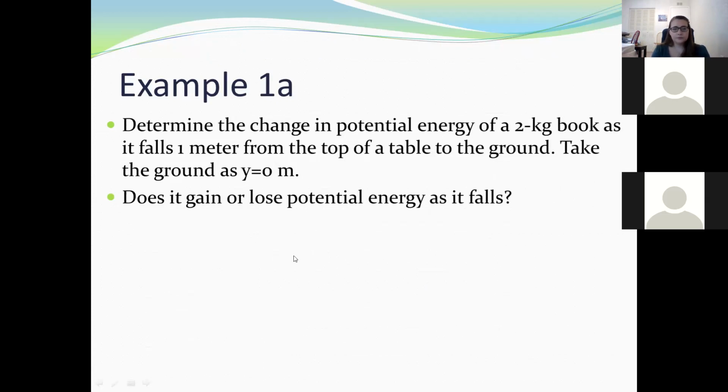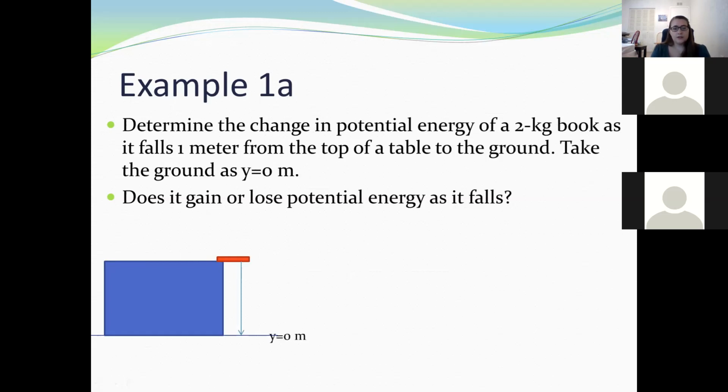So here's our table and our floor and our book. It is going to fall down. So we said take the ground as y equals 0, which means the height of the book is our position of 1 meter, because it says it's 1 meter from the top of the table to the ground.